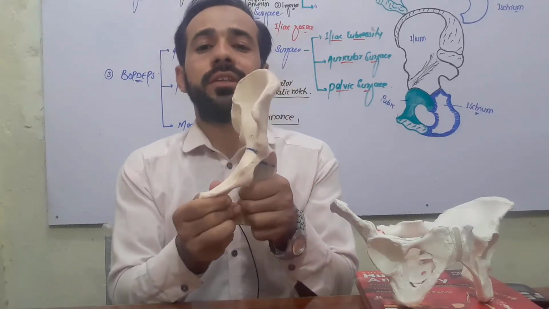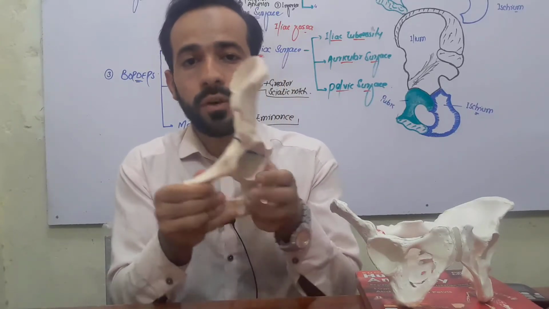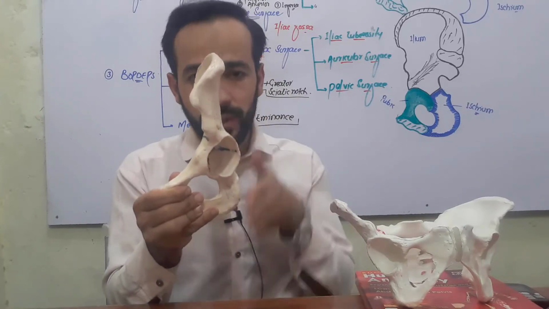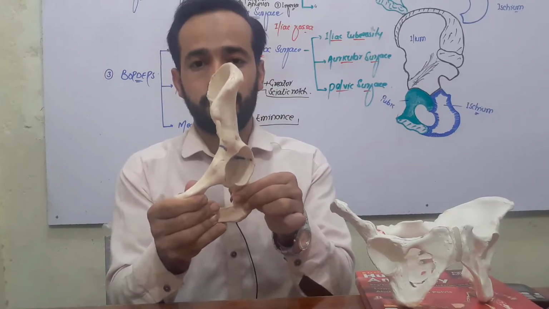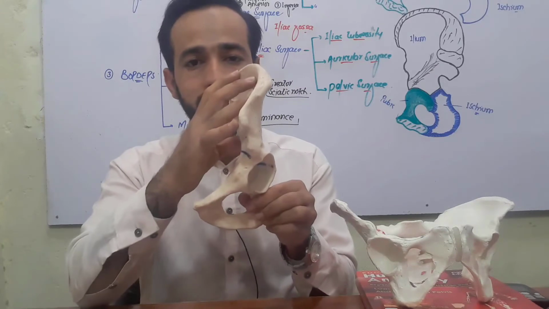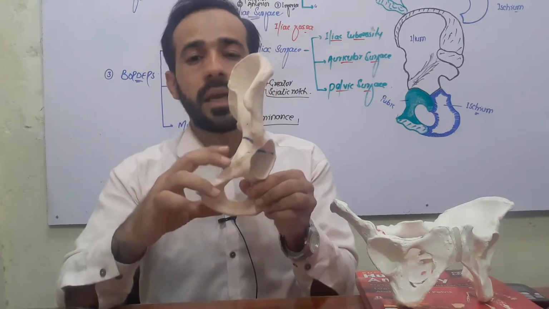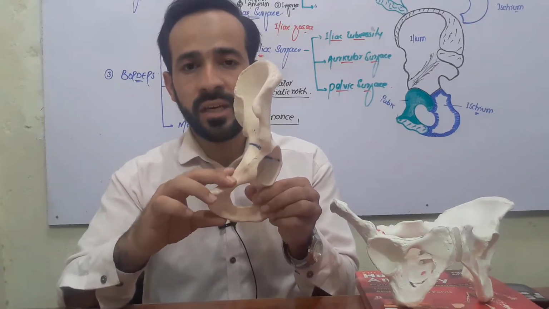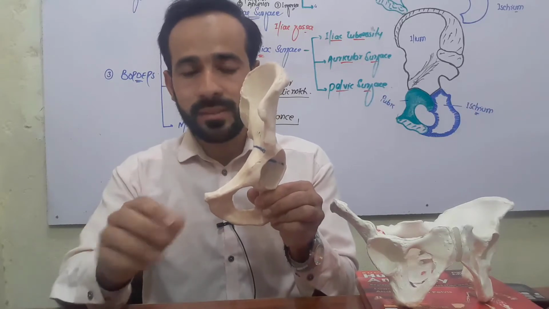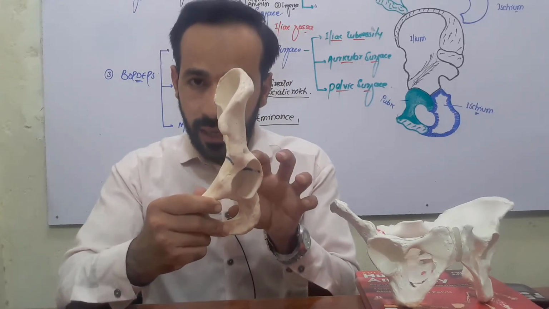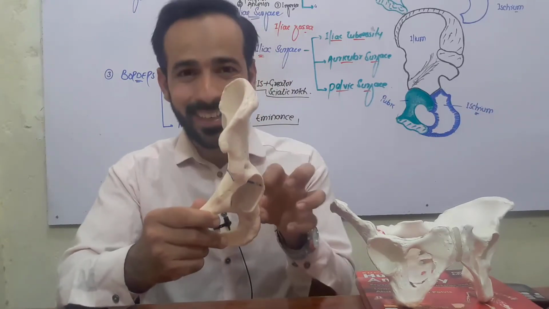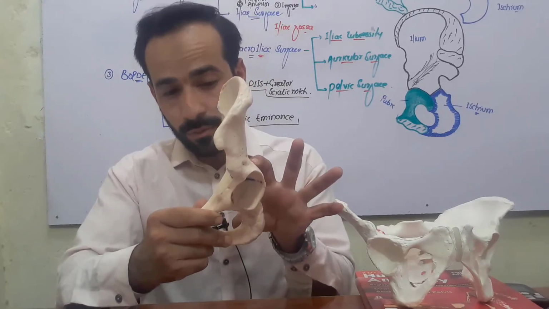So inferior anteriorly there is the pubic bone, and posterior inferiorly there is the ischial bone, right? So superiorly the ilium, anterior inferiorly the pubis, and posterior inferiorly the ischium.